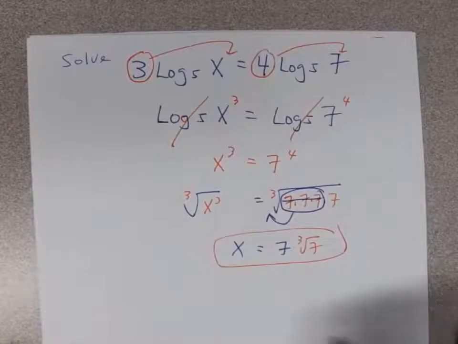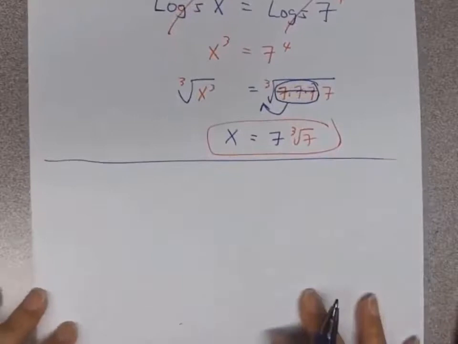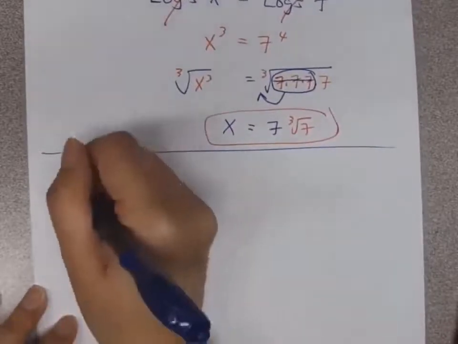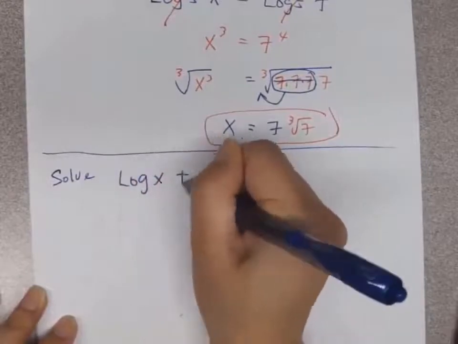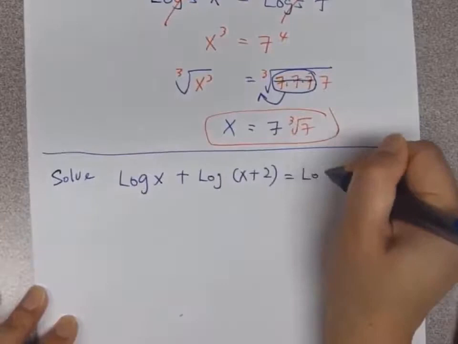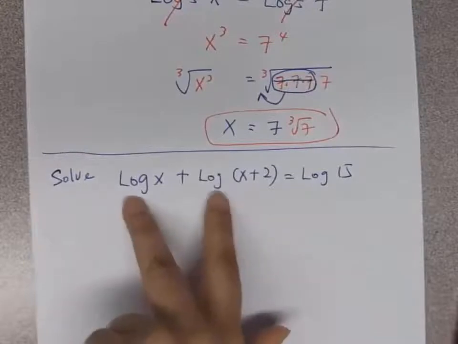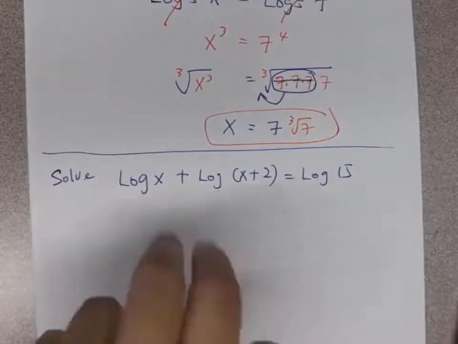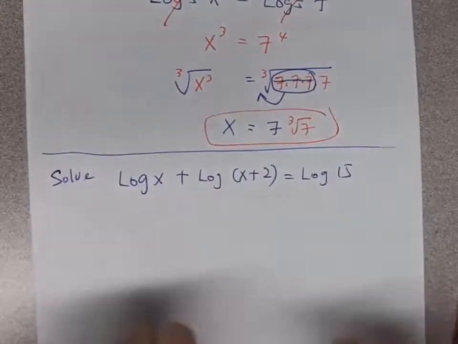Cannot fix it. Okay, so that's one of them, and there's another solving that looks like the following. So this one I cannot just cancel all the log because it has 2 terms here. If I have just one term and one term and they're the same base of log, then you can cancel.